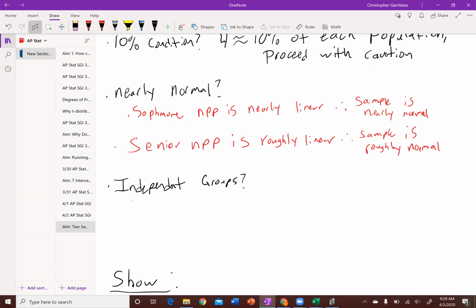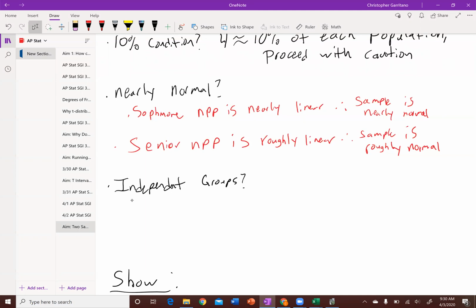If you do believe that there is a reason to suspect that, then we really shouldn't proceed with this hypothesis test, because in order for the 2-sample t-test to work, the 2 populations that we're studying have to be independent of one another. And yes, you all go to Bronx Science, you're all in AP Stat, but that is the population we're studying, Bronx Science AP Stat students. Besides those similarities, do you think that these 2 groups depend on one another in terms of their GPA? And frankly, I don't think so.